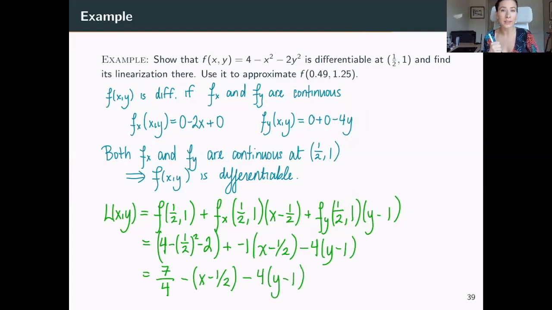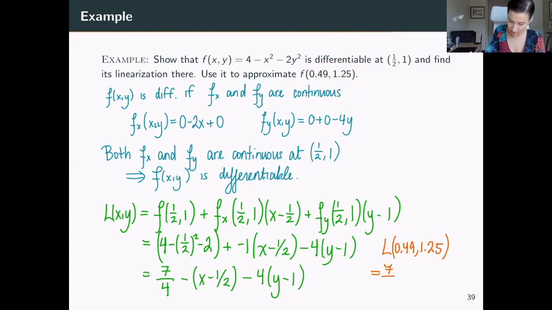Now, if I want the linearization at this point, I'm going to plug in these numbers for my x and y. I'm going to get the output on the tangent plane at that point. So here we end up getting that our L of 0.49, 1.25 is going to be equal to, we plug in these values.